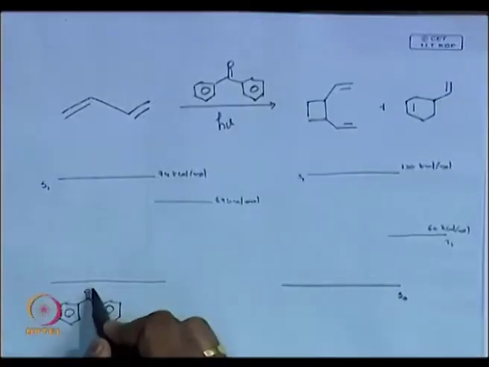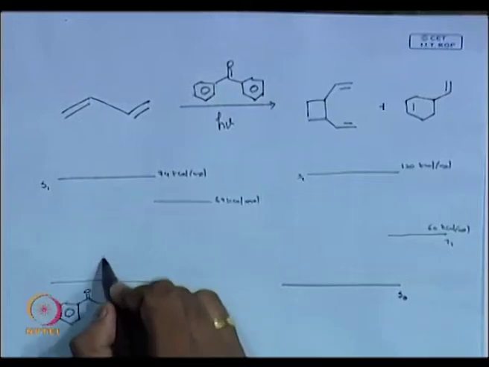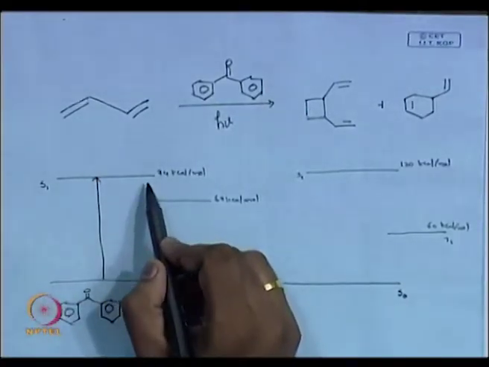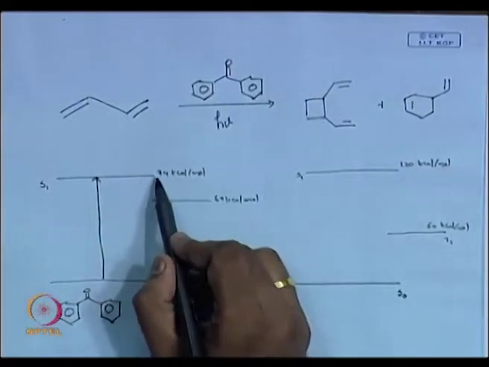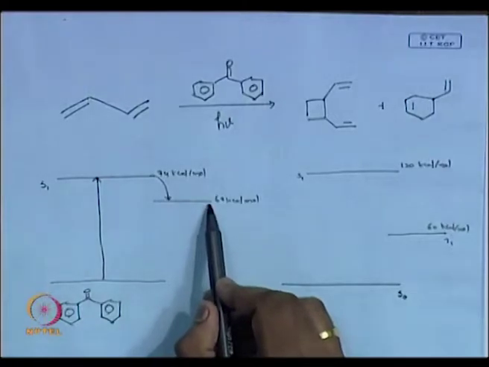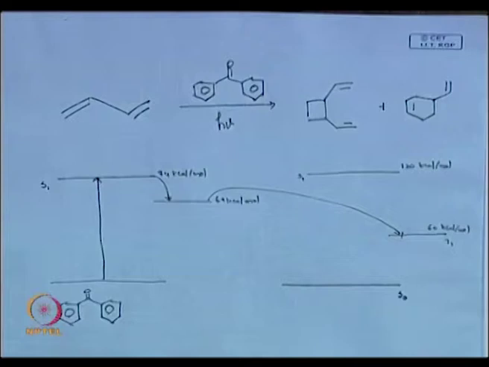And then I can shine light only on my benzophenone. So what happens, it goes from S0 to S1, then you know benzophenone undergoes very good intersystem crossing to give the triplet. Now this triplet can transfer its energy to butadiene.